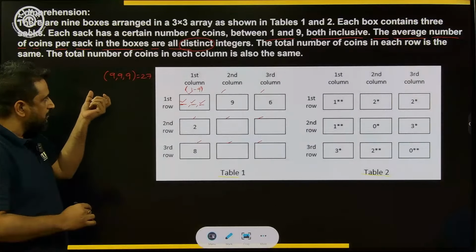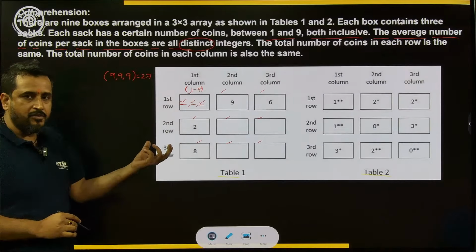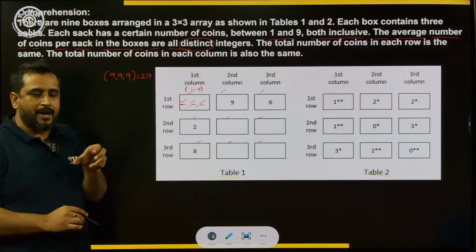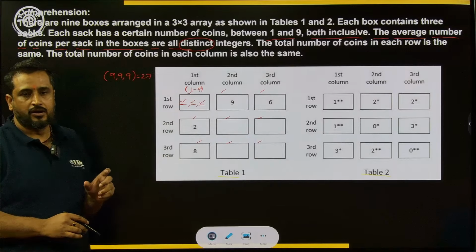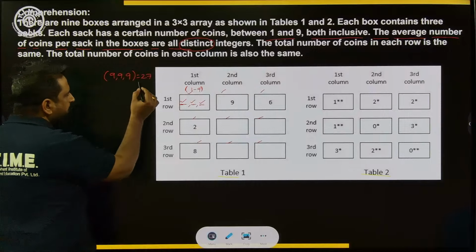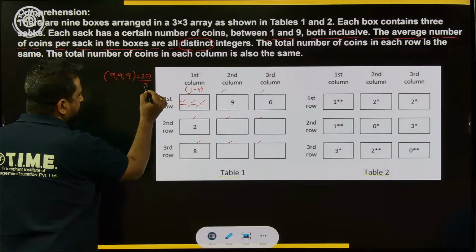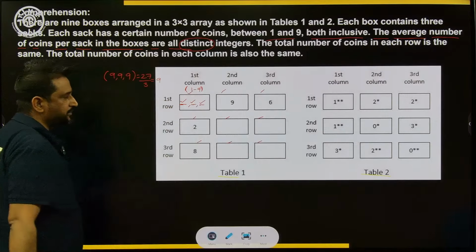This arrangement may or may not be possible, but the maximum combination would be 9, 9, 9, where the sum is 27 and the average is 9.